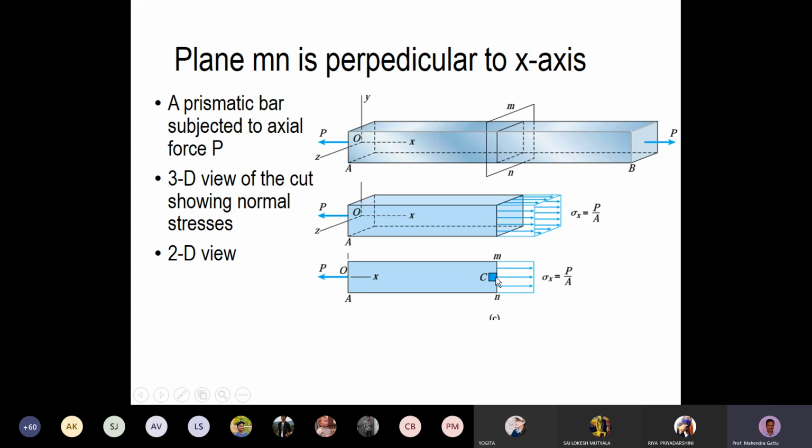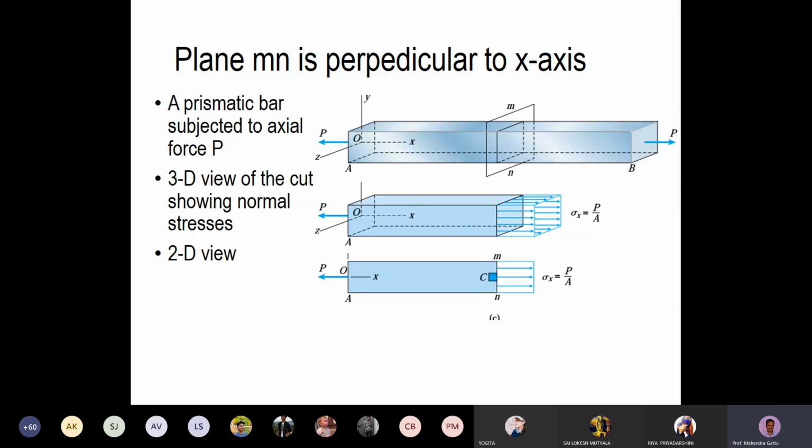Now what is shown here is the normal stress, which is sigma x, which is P by A, and also we are showing there is a small element C. That element C is infinitesimally small, and this infinitesimally small element has faces which are oriented along the x-axis, y-axis, and z-axis, or we can say the normals to these faces are oriented along x, y, and z axes.